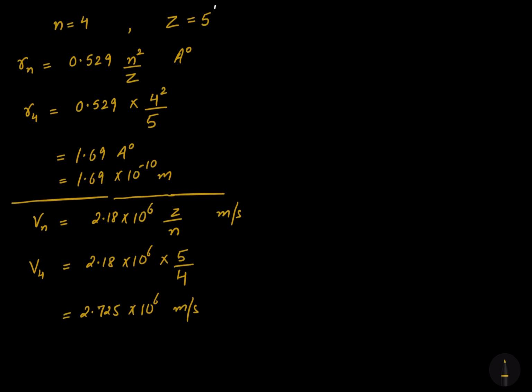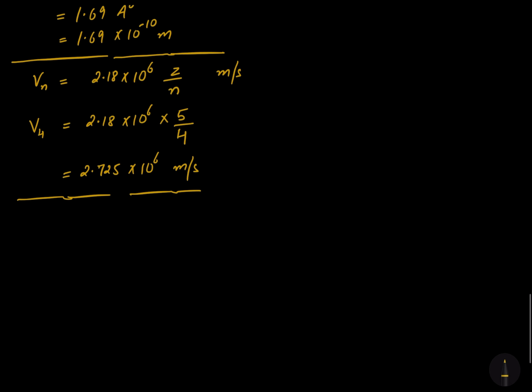So now let's talk about the frequency of revolution. What's the formula? It's velocity divided by 2 pi r. Let's substitute the value of velocity from the previous part, velocity of electron in fourth orbit: 2.725 into 10 to the power 6 divided by 2 pi, pi is 3.14.